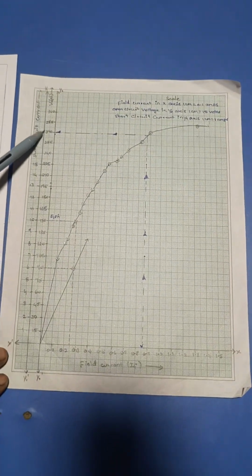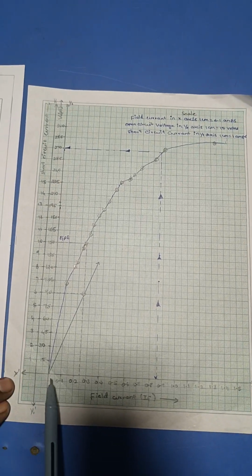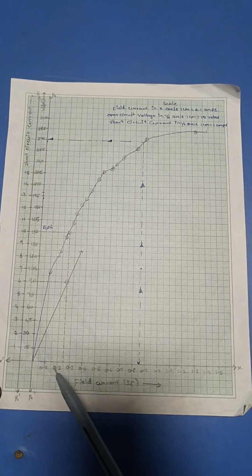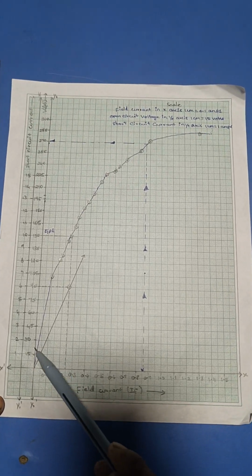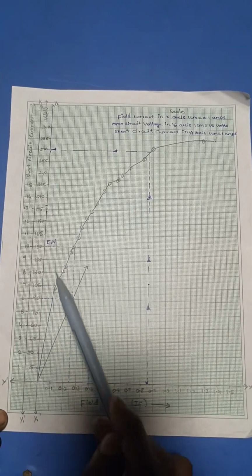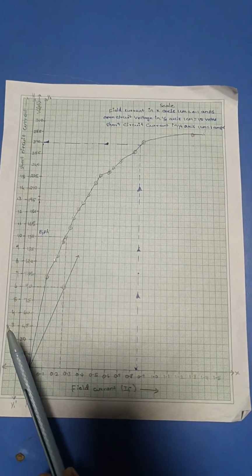That is, in the y-axis we have taken the generated voltage per phase and the x-axis reflects the field current. For IF with respect to the generated voltage, we made the open circuit characteristics.